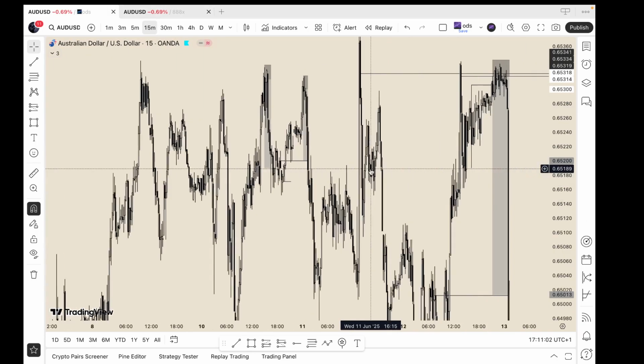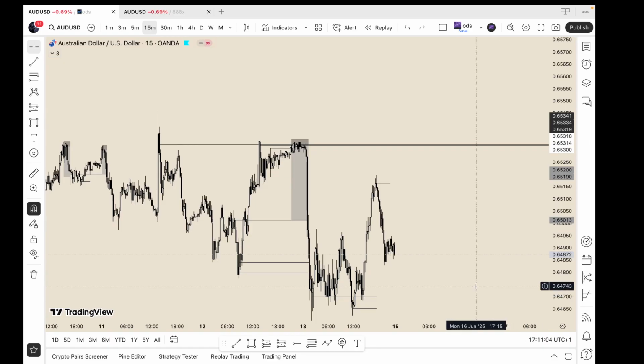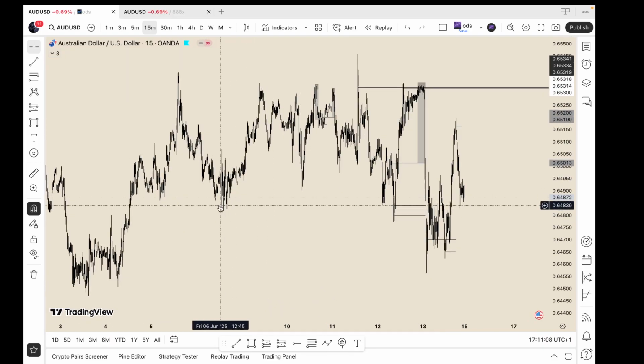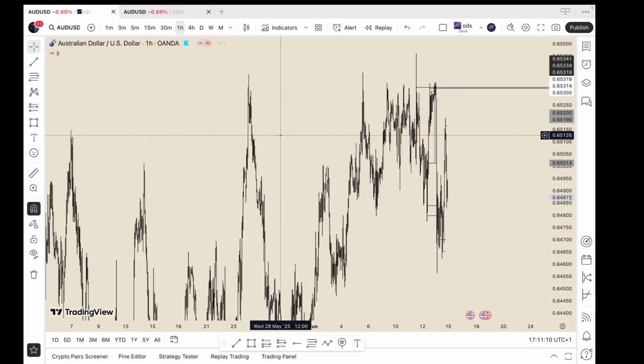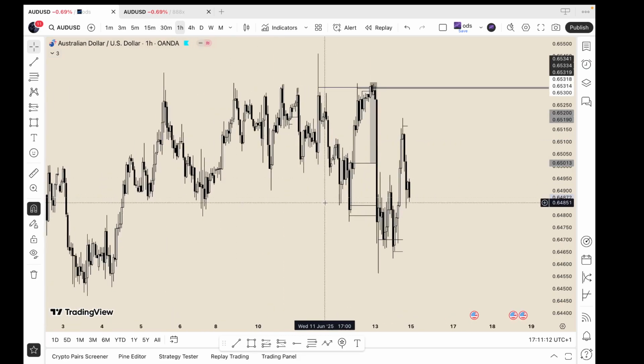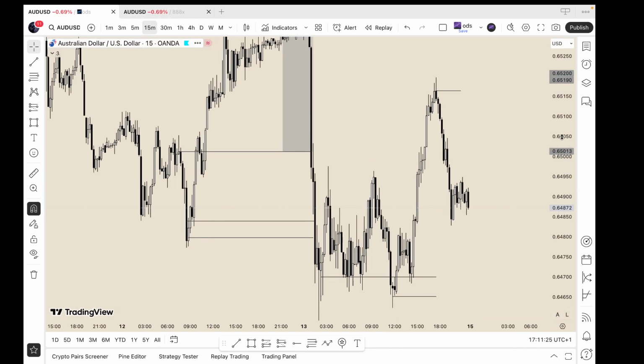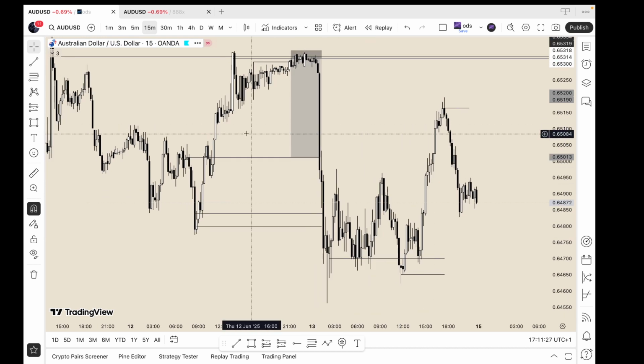So for the foreseeable, we can see that after this key level of support was broken, we then came up, held this resistance, shooting down. And remember, my system: 15-minute imbalance closures or breakages of lows.